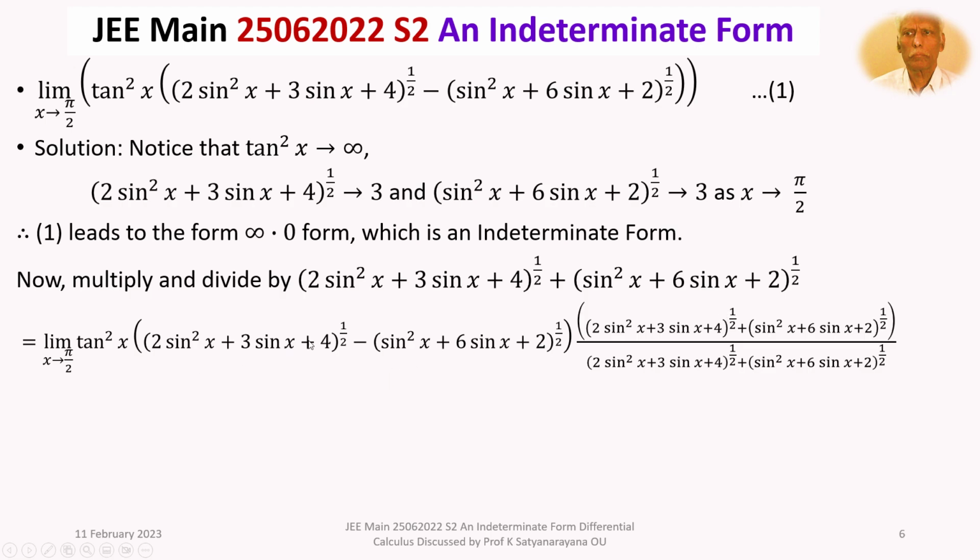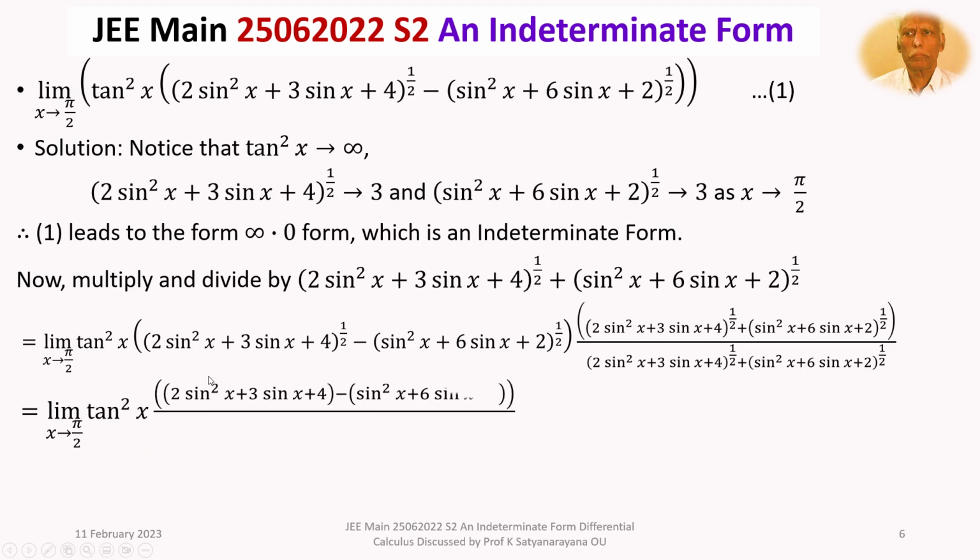When you square it, the 1 by 2 power will go away. This limit x tends to pi by 2 of tan square x into (2 sin square x plus 3 sin x plus 4 minus (sin square x plus 6 sin x plus 2)), and the denominator remains the same.